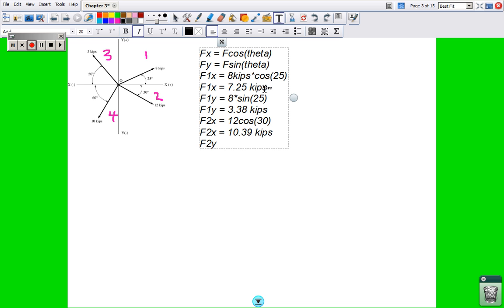F2y is negative because it is in a negative y quadrant. So it's going to be negative 12 sine 30, and F2y is equal to negative 6 kips.